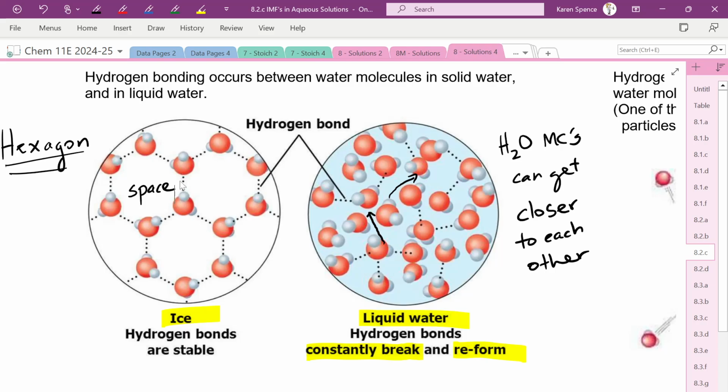A little bit, maybe, okay? Not necessarily a lot, but a little bit. So normally solids are more dense than the liquid form. However, in water, liquid water is more dense, and solid water is less dense.